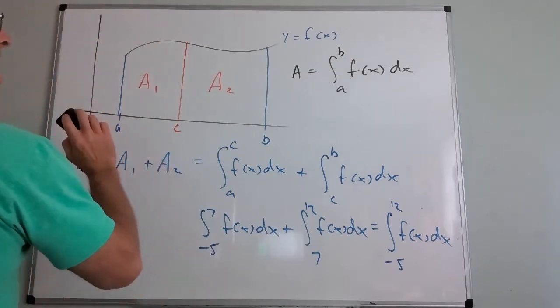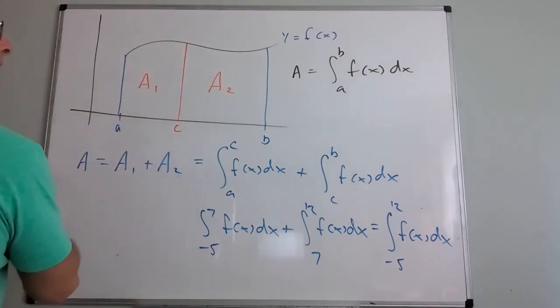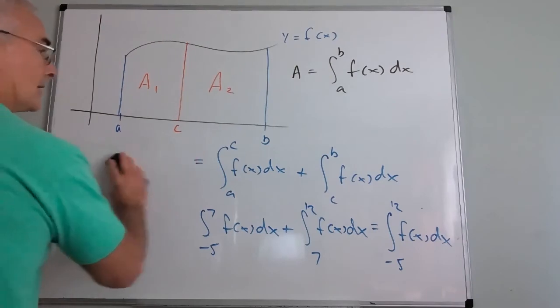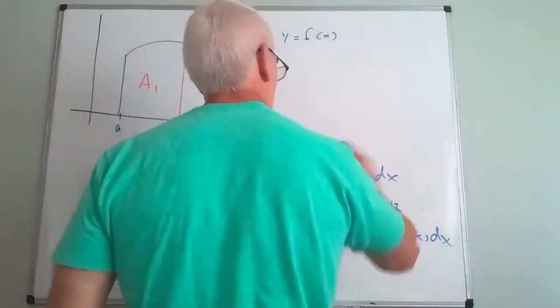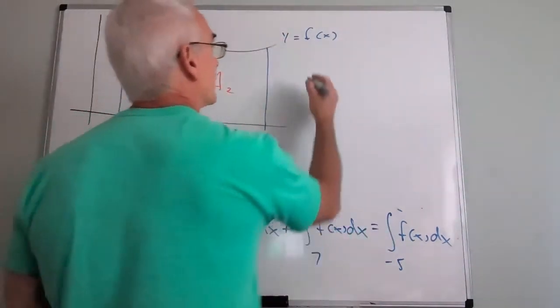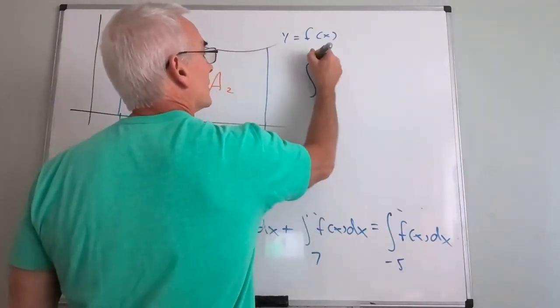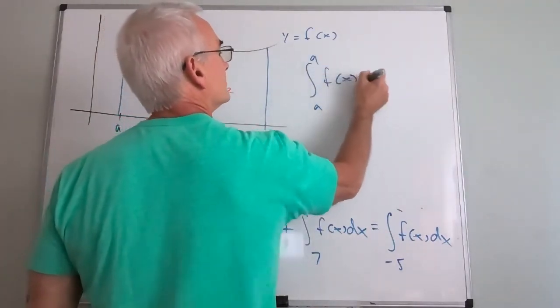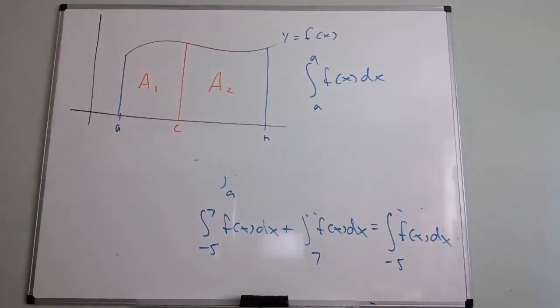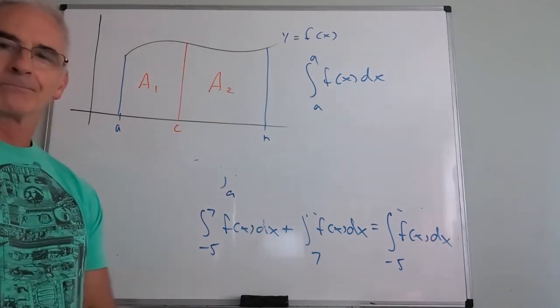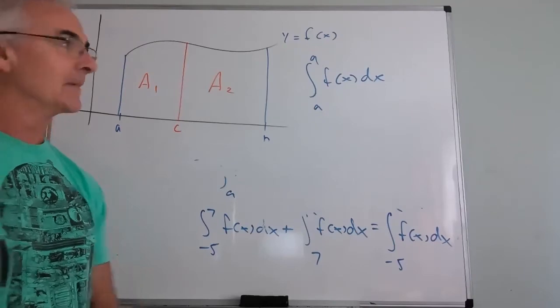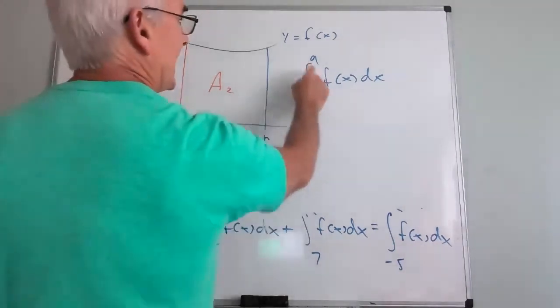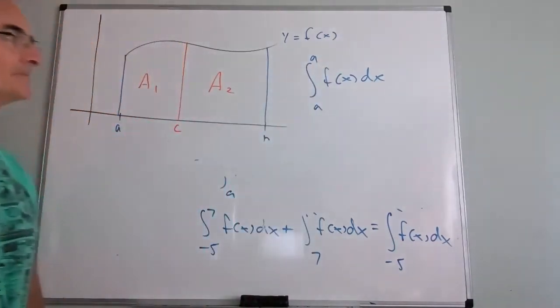All right, so the next thing, we have this picture, everything makes hopefully perfect sense. What if, anybody want to try this one? The integral of f of x, going from a to a of f of x dx.